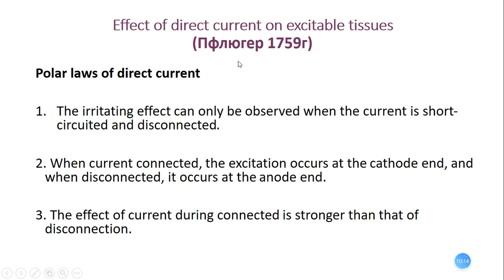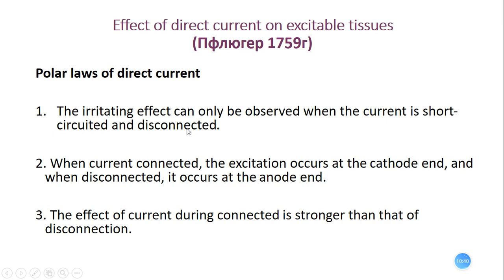And again, here we have some effects of direct current on excitable tissues. We have the polar laws of direct current. The irritating effect can only be observed when the current is connected and disconnected.